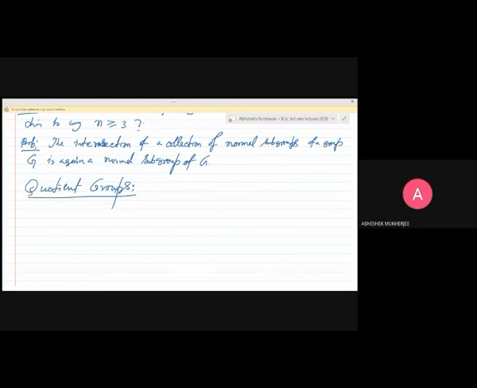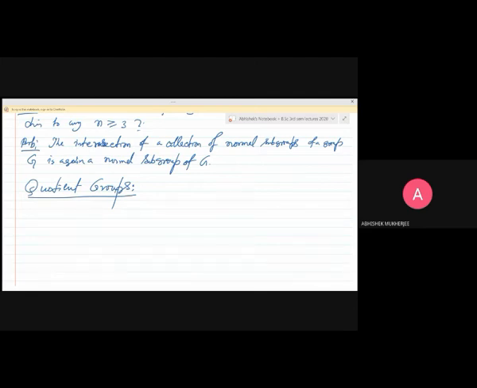Now the question is, does this give you a well-defined function? Is this product well-defined?